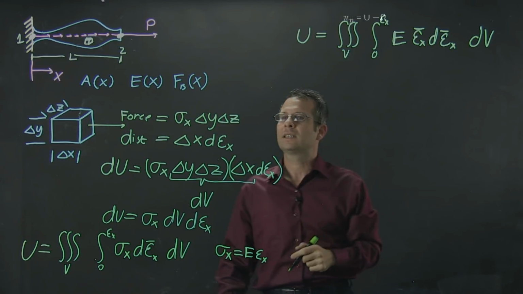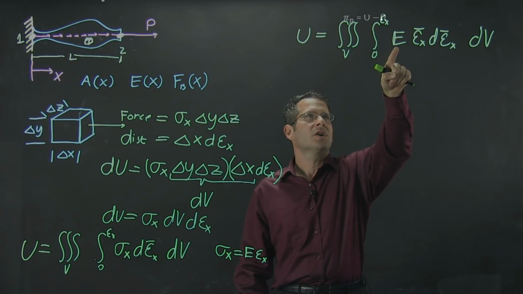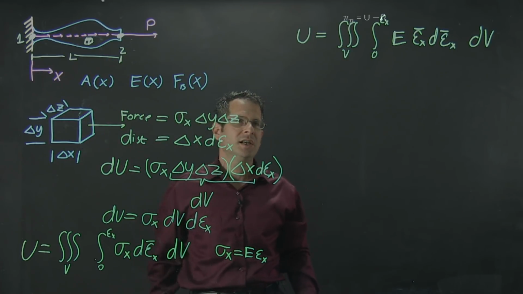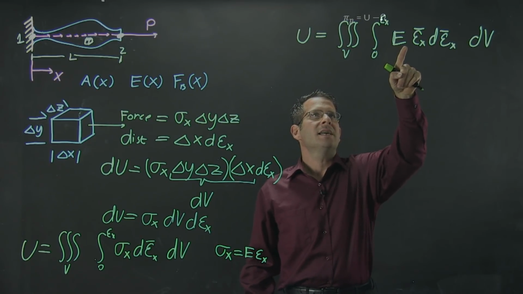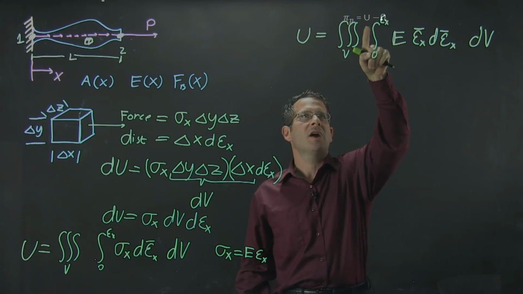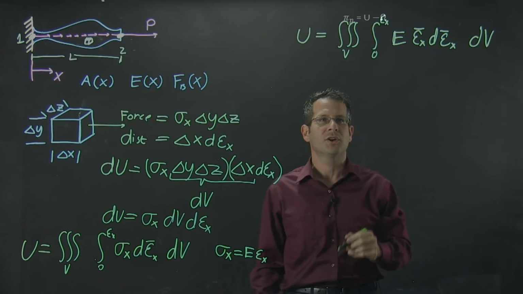And since my Young's modulus is only changing in the x direction, I can take this out. I can multiply by area, and now this integral is only in terms of x.